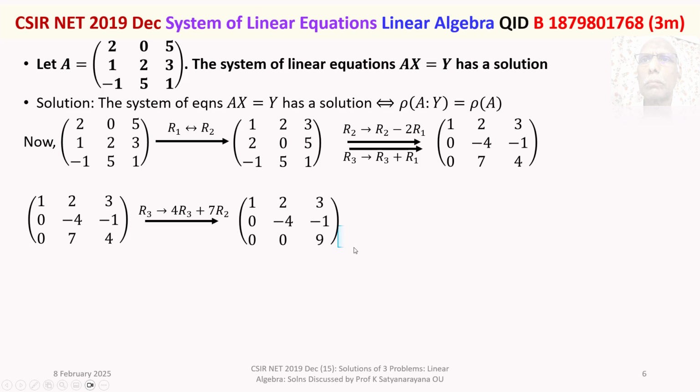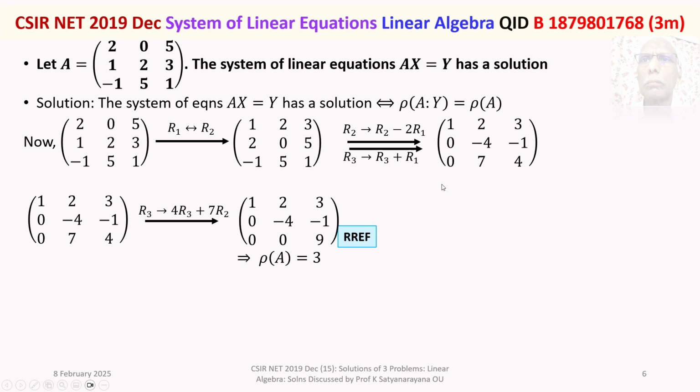It is in the row reduced echelon form. And what is the rank of this A? The rank of A is the number of non-zero rows in the row reduced echelon form. The number of non-zero rows is 3. Therefore, the rank of A is 3.